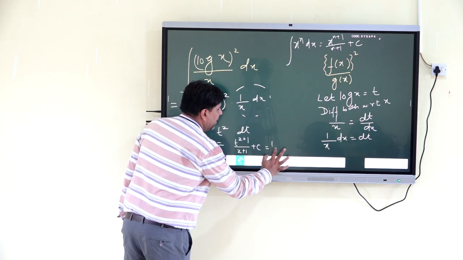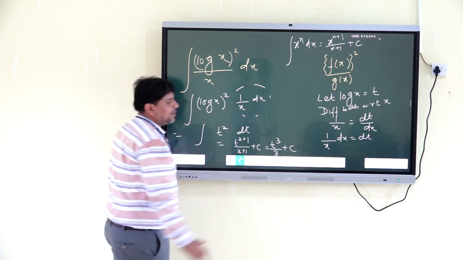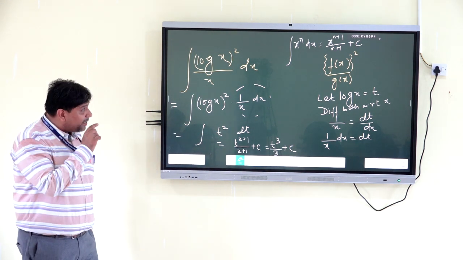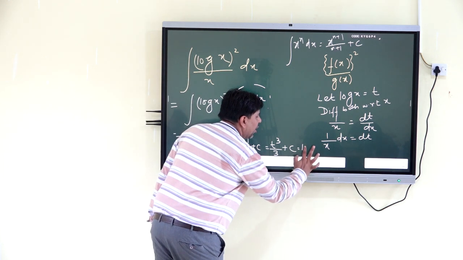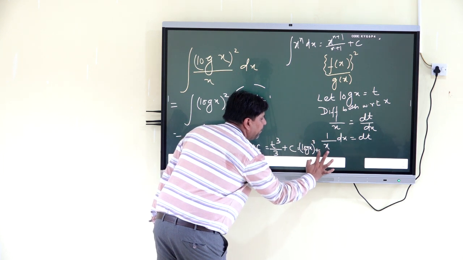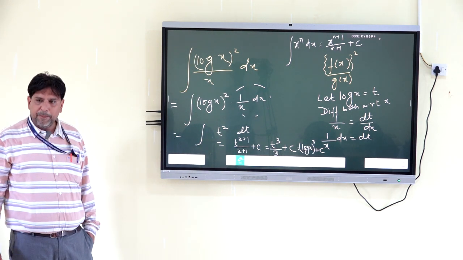So what do I get? t to the power 3 divided by 3 plus c. But what was t? Log x. So my answer is log x whole to the power 3 divided by 3 plus c.